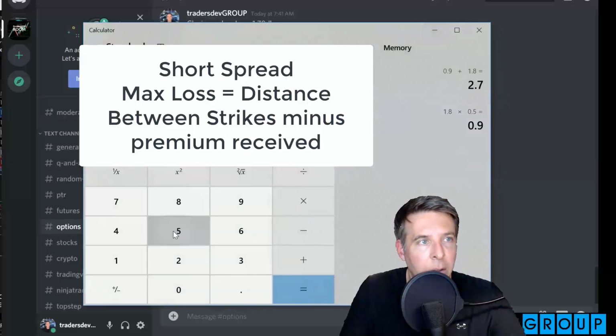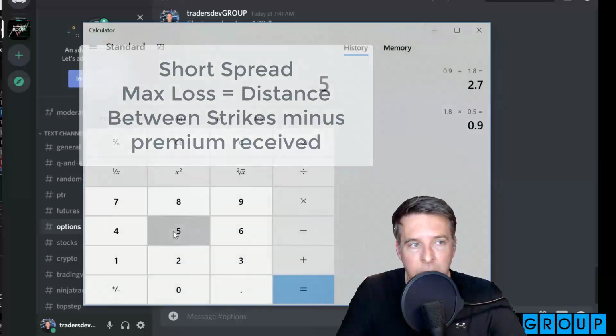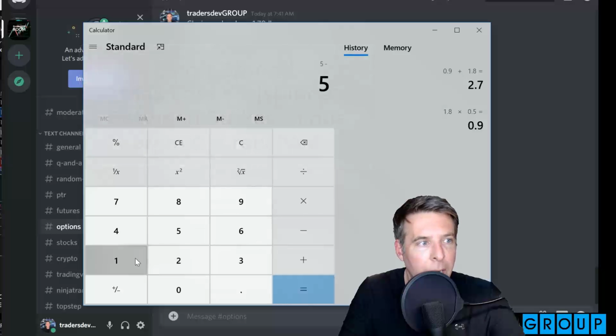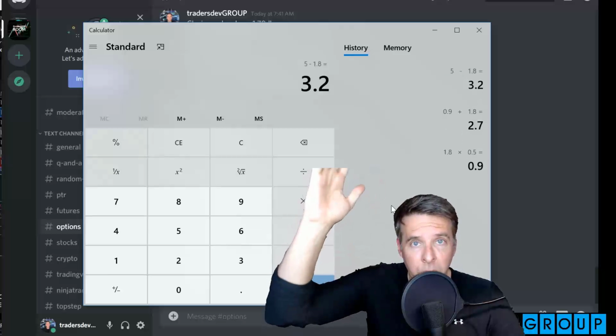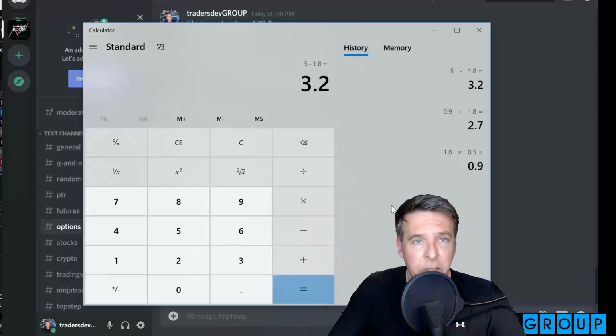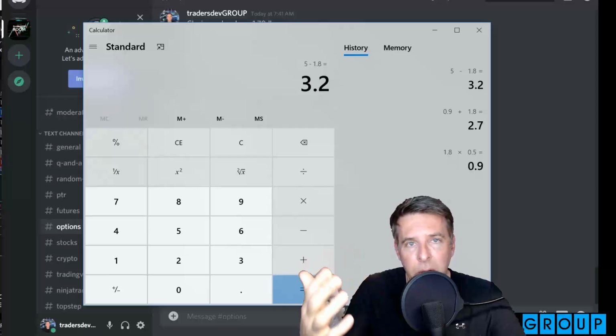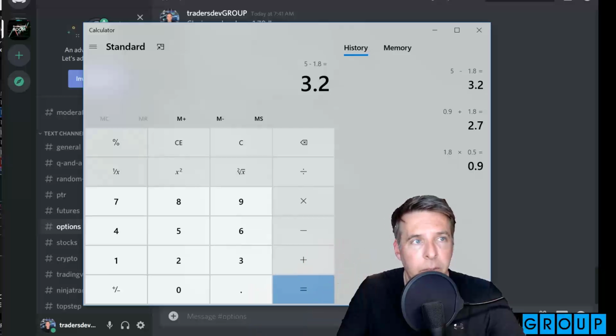Okay, so again, you have a $5 wide strike and you brought in $1.80 as a credit. If the market was to move through your protective stop on the upside, in this case 302.50, you would be risking $3.20. You brought in $1.80, 5 minus $1.80 is $3.20.